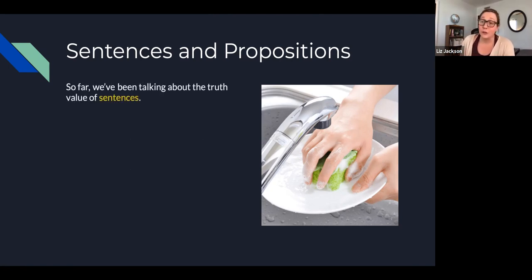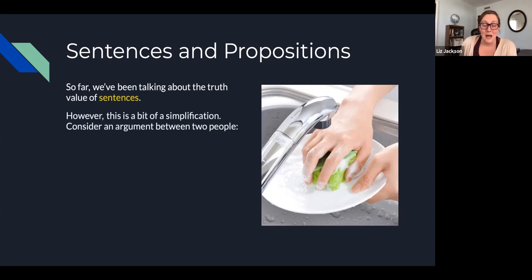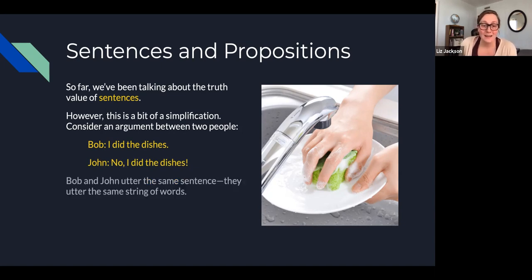Okay, so far what we've been focusing on is the truth value of a sentence. This is a bit of a simplification. So here's an argument that two people might have. Bob says, I did the dishes. And then John says, no, I did the dishes. So a sentence is a string of words. And in this case, Bob and John both utter the same sentence. They say the same string of words, I did the dishes, right?